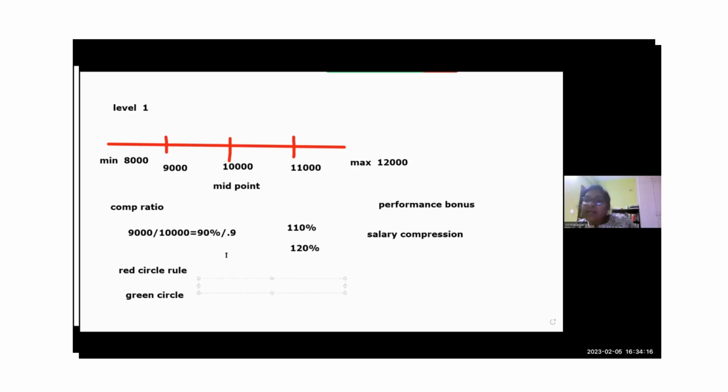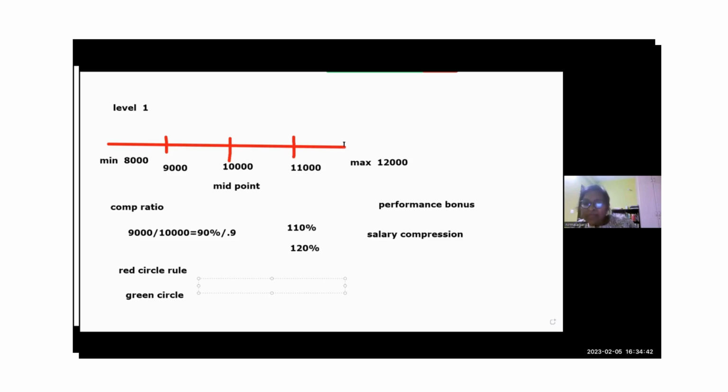Red circle is, say, for example, Narendra is in this grade, level 1, 8,000 to 12,000. He is put in, and in 1, 2, 3 years he got 1, 2, 3 increments and has reached the maximum of 12,000. Now the boss doesn't want to promote him. He has touched the maximum 12,000.